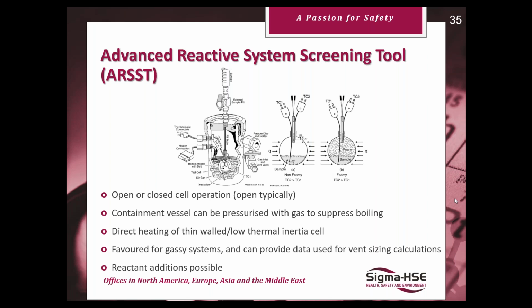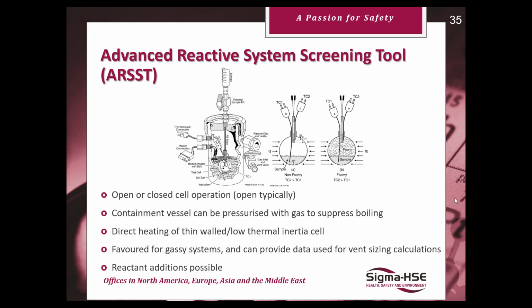As I said before, the containment vessel around the glass vessel can be pressurized with gas to suppress boiling. This is due to it being an open system: the high pressure is all around the glass vessel and doesn't cause it to break. That also means any pressure increases from the decomposition are contained within that whole containment vessel.